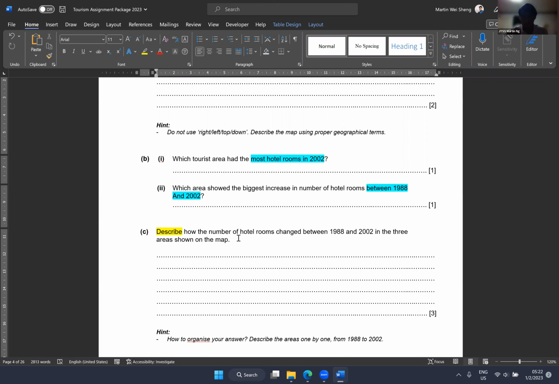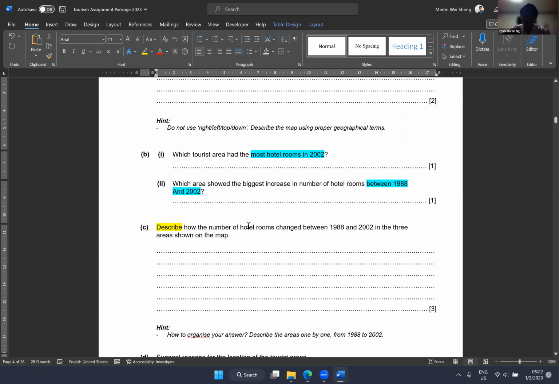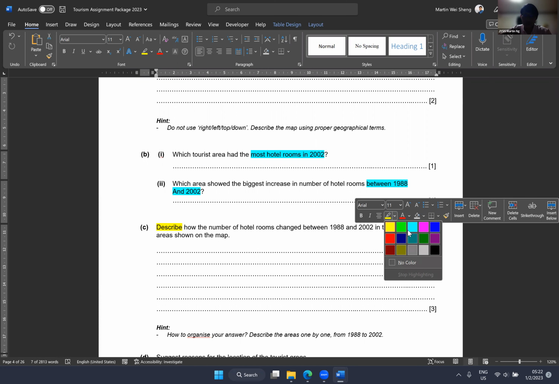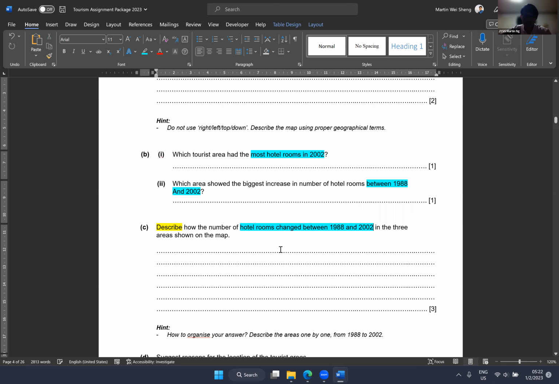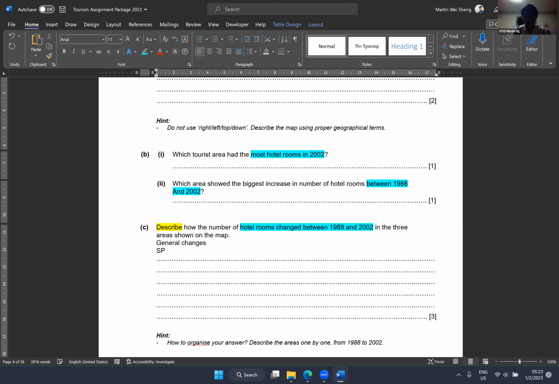And so on. So follow GAS, give your general changes, then specific changes to particular areas. You give up to 3 points to answer this question.